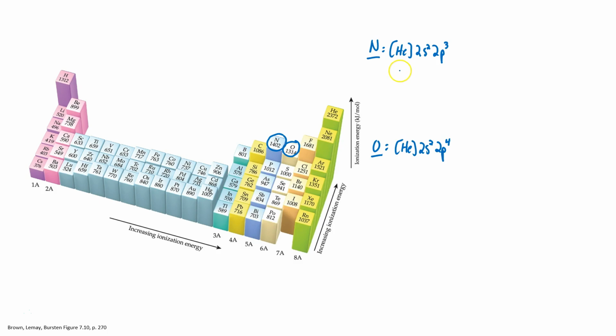So for nitrogen, we have a helium core, and then we have 2 electrons in the 2s subshell, and then 3 electrons in the 2p subshell. For oxygen, we have our helium core.